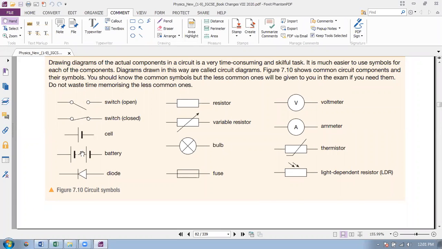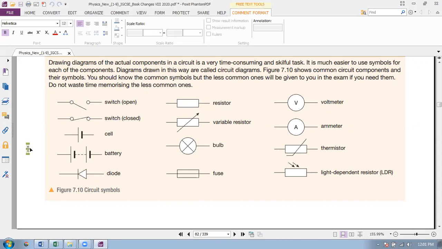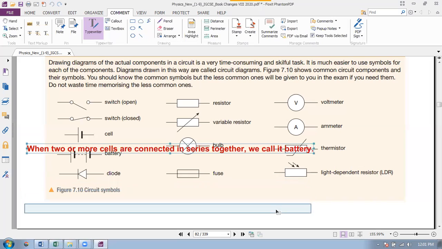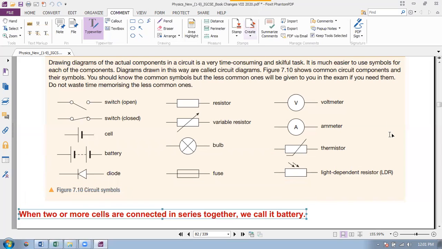Two or more cells connected in series together, we call it a battery. So you see here, the dotted line means there are two or more cells here, connected together, so we call them a battery.